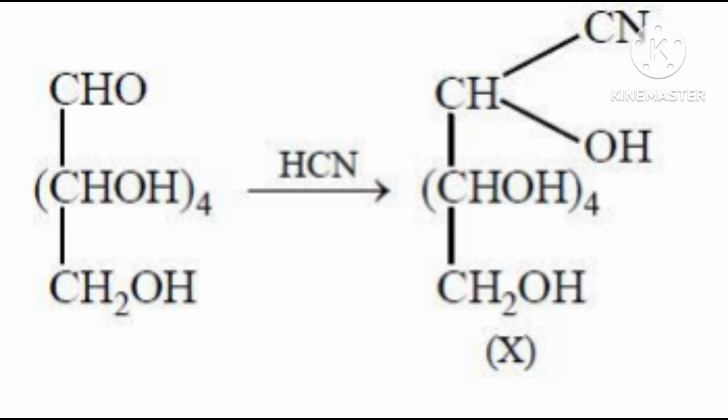Because you know that CHOH whole 4 means 4 OH groups are attached and one is at the end, CH2OH. Total 5 OH is there. Then by acetylation it is confirmed that there are 5 OH groups.